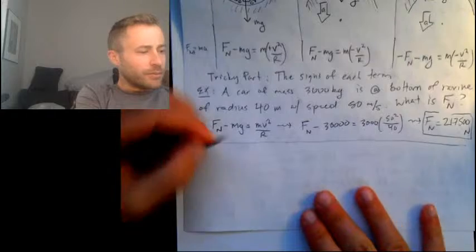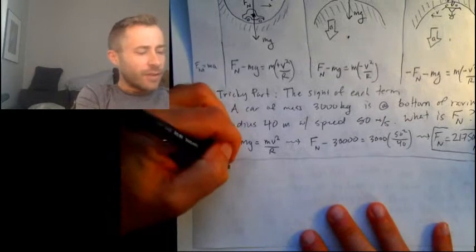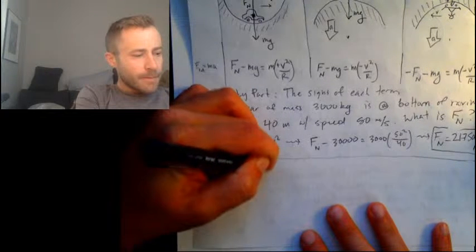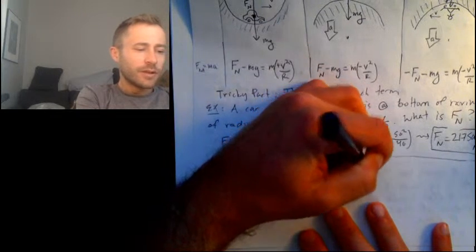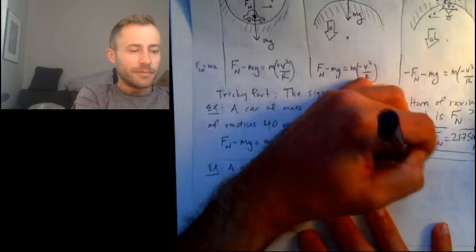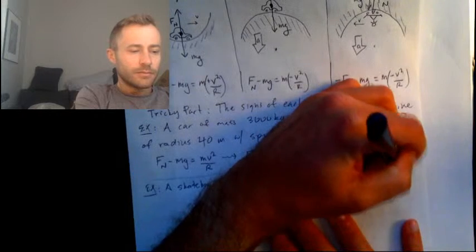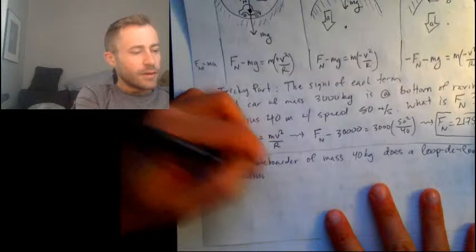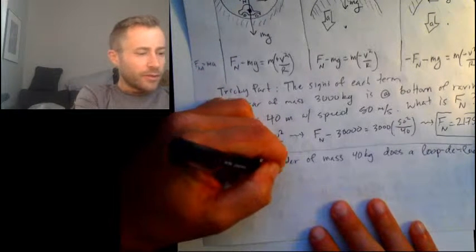All right. We'll do one more example. So let's say a skateboarder of mass 40 kilograms does a loop-de-loop of radius, let's say, 5 meters.